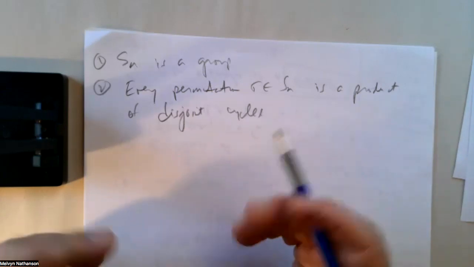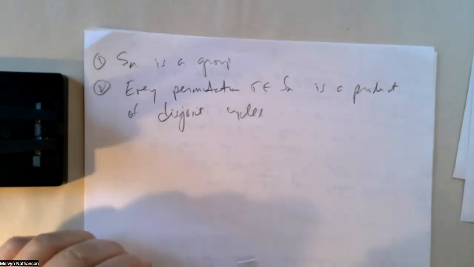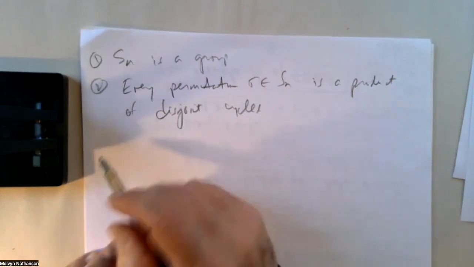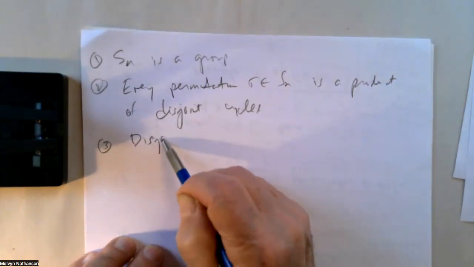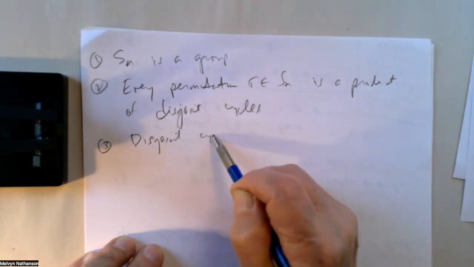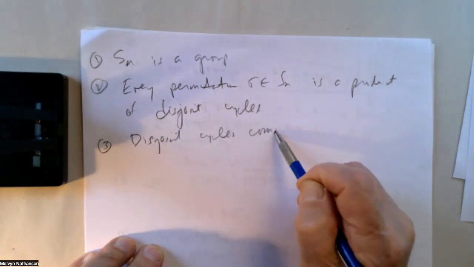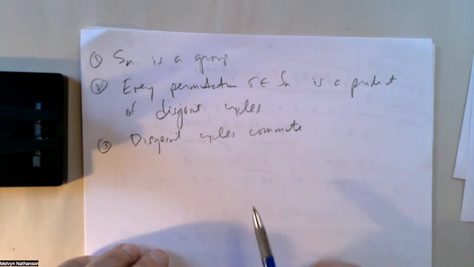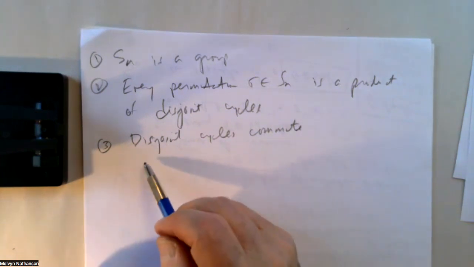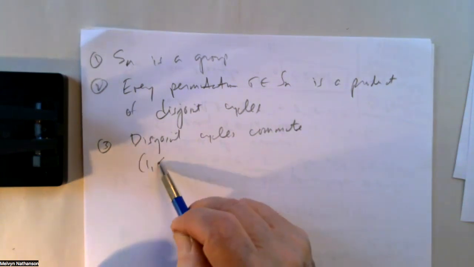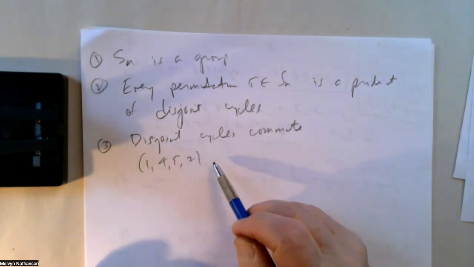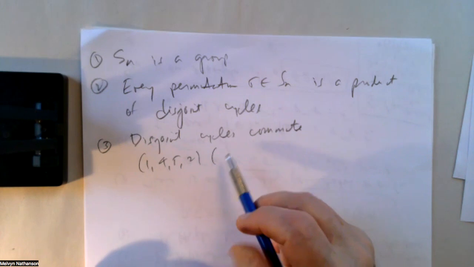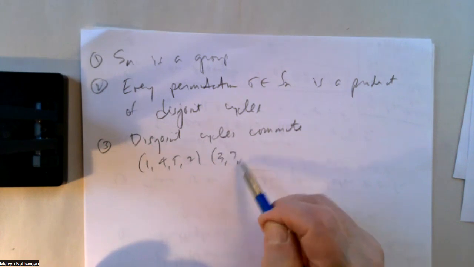That is, we had an algorithm, a method, given a permutation to write it as a product of disjoint cycles. And I should say that disjoint cycles commute. For example, suppose I have the cycle 1, 4, 5, 2, and the cycle 3, 7, 6.